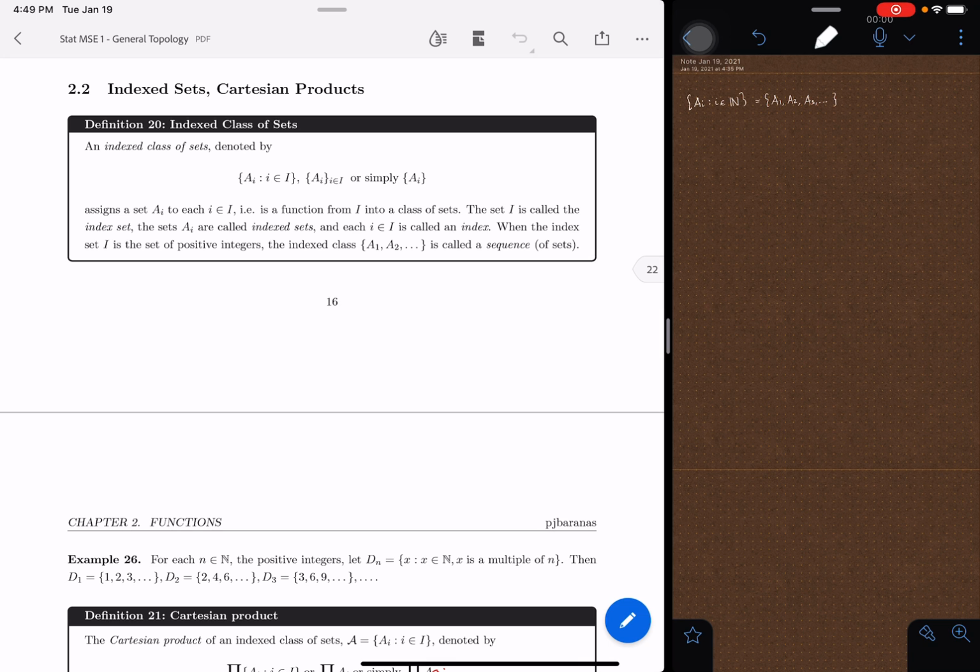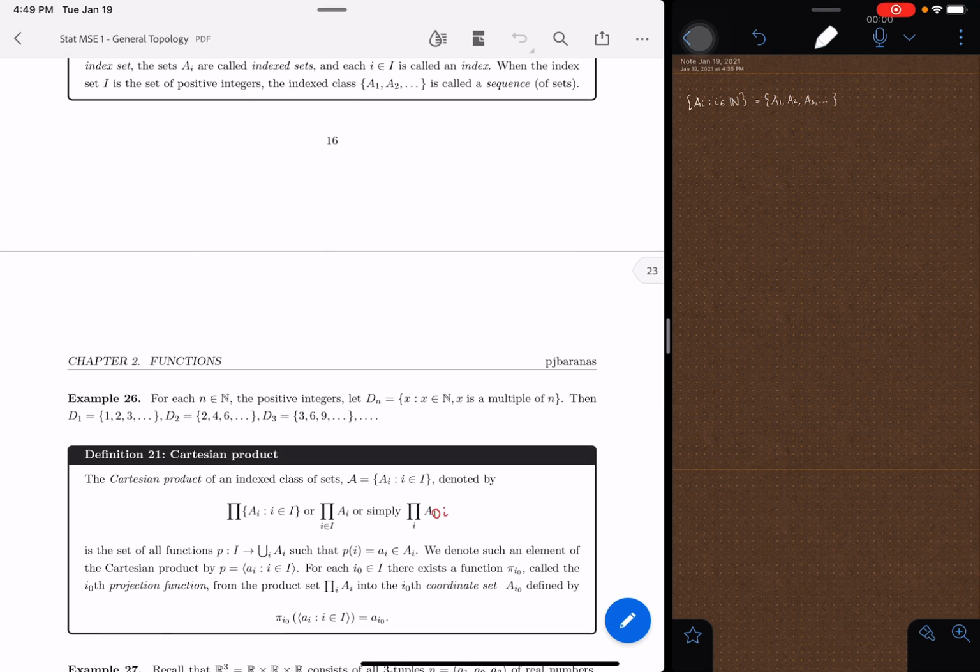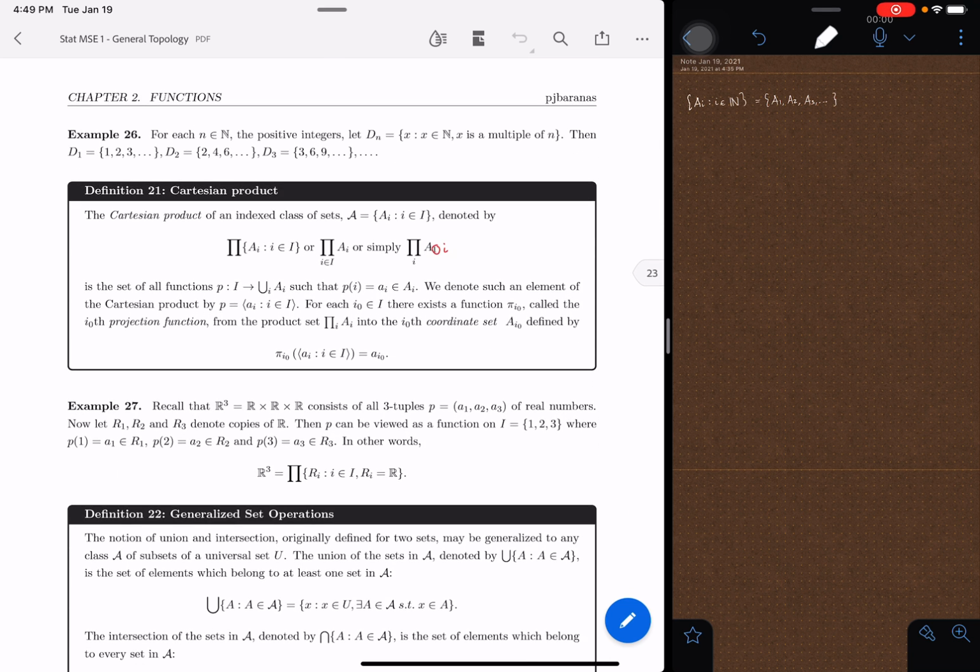So when the index set I is the set of positive integers, then the indexed class A1, A2, etc. is called a sequence of sets. For example, for each small n in the set of natural numbers, we let d sub n be the set of all x, such that x is in the set of natural numbers and x is a multiple of n.